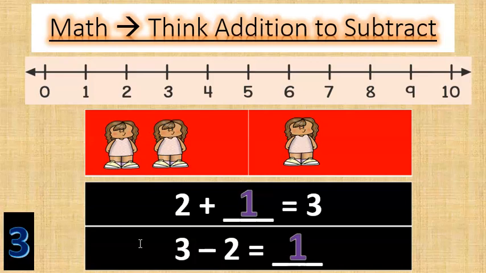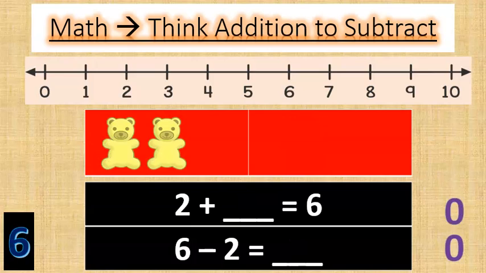Okay? Now, here's what I want you to do. Get a paper and pencil. Once you get a paper and pencil, I want you to copy down everything that you see on your screen, okay? I want you to copy down the title here.